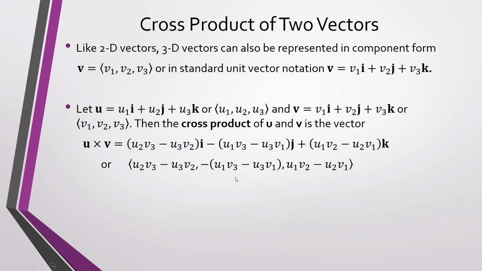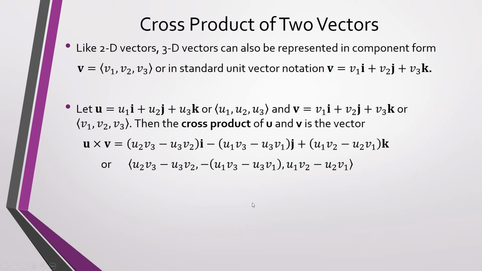Or you can have the same thing written in component form. Notice that for your x component and your z component those are as written, but the y component is the opposite, with this minus sign in front of what you get from this step here.